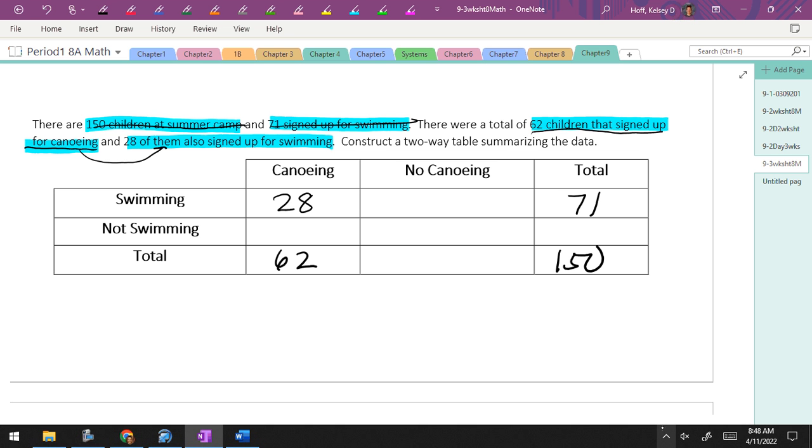All right, ready? 28. Say it again. 43. 71. 34. Anybody have this one yet? How about this one?